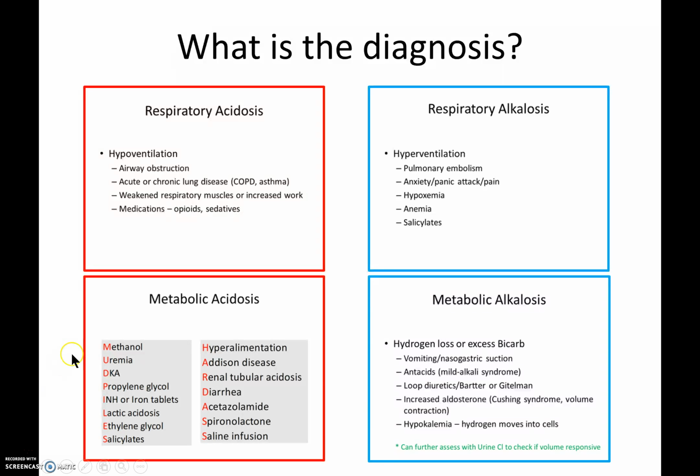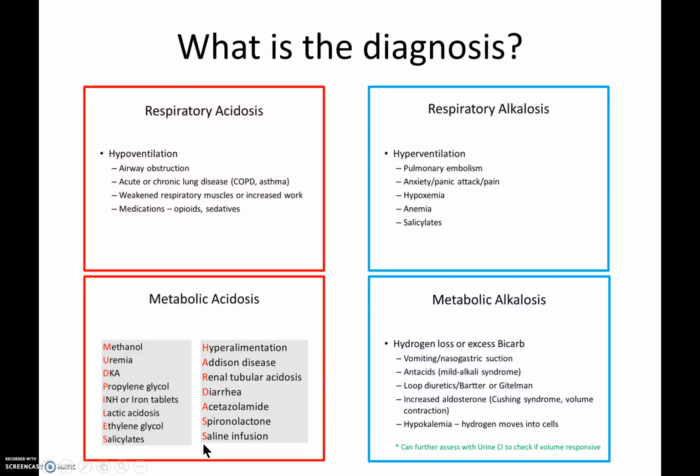The bottom left corner with metabolic acidosis is broken up into MUDPILES, which you probably know that acronym, is your elevated anion gap, and then HARDASS is an acronym for your normal anion gap. We'll have another slide that's going to talk a little bit more about those.